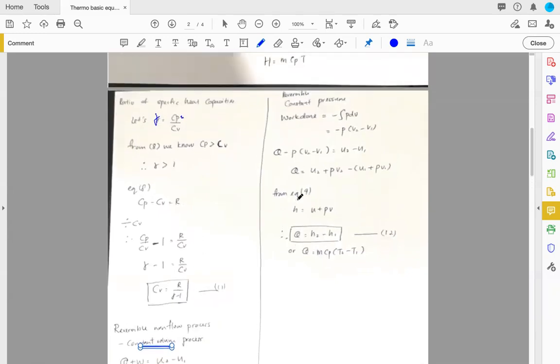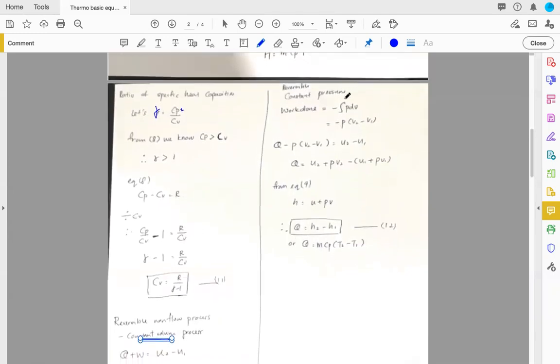Okay? So for constant pressure, we are still moving the volume. So we have a negative because it's work done by the system: P times volume 2 minus volume 1.